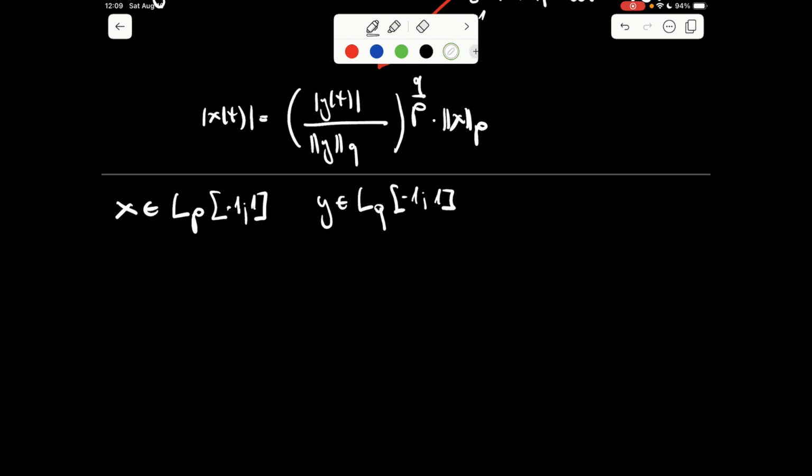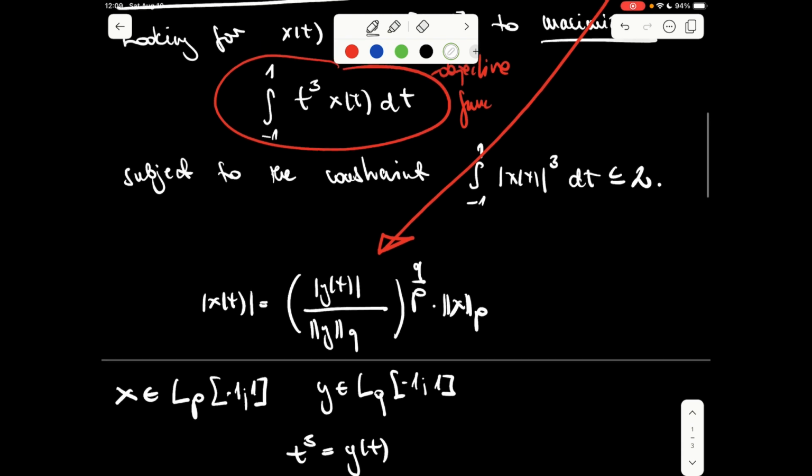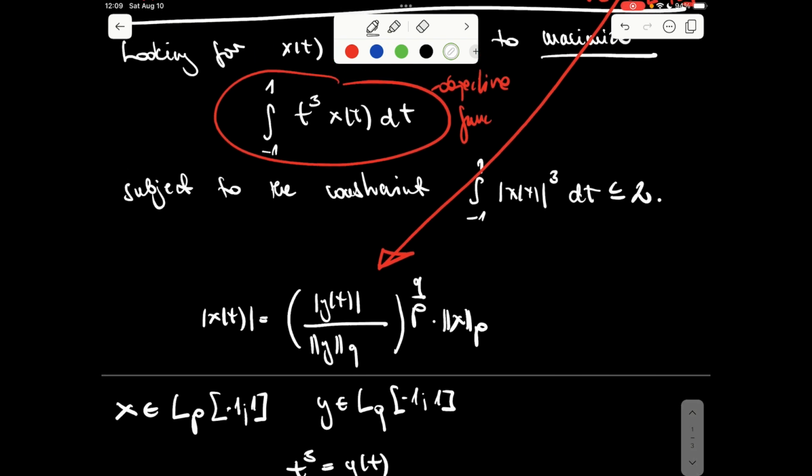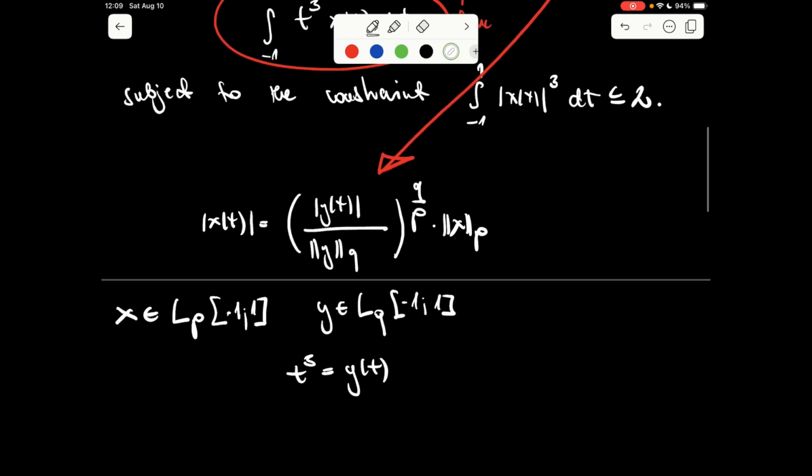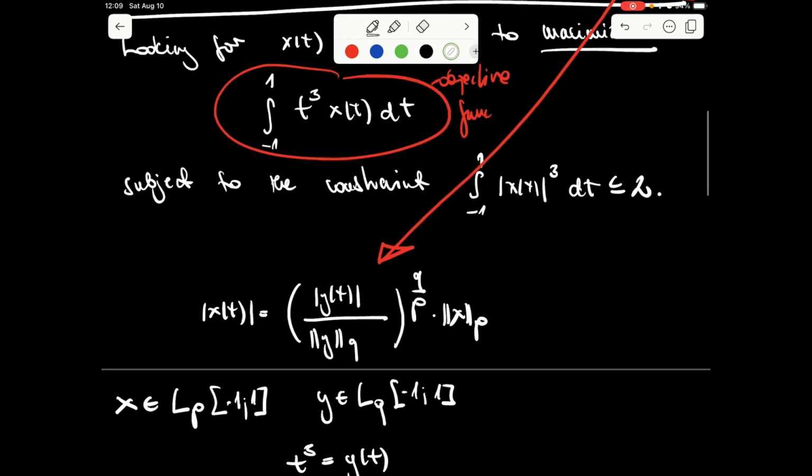Okay, and let's say that this is function y(t), and from this constraint, where is the constraint?